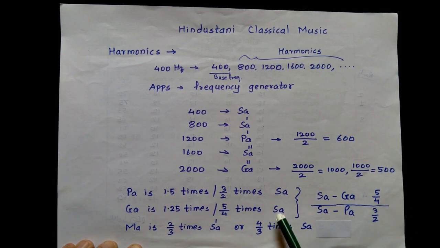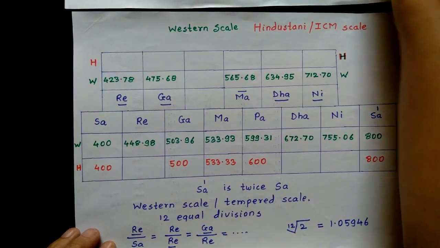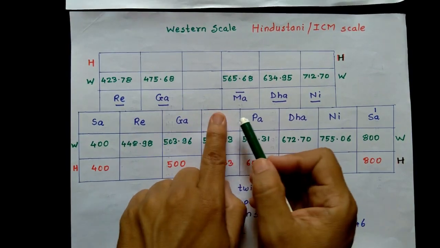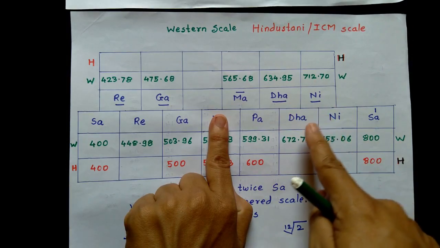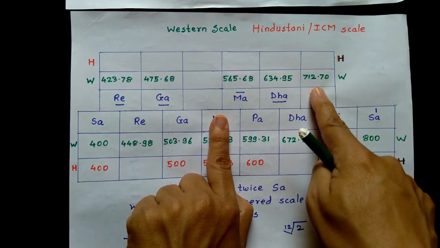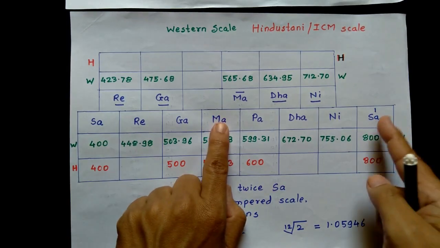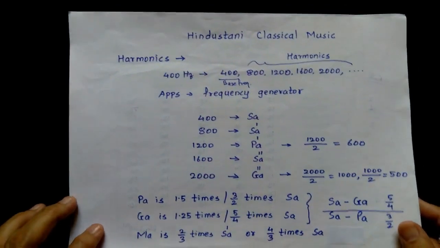There is another important ratio, Ma. What is Ma? Ma is the reverse Pancham of Sa. If we consider Ma as Sa, then Sa, Re, Ga, Ma, and Pa will be upper Sa. So Ma is reverse Pa of Sa. Now what is the relation Sa-Pa?